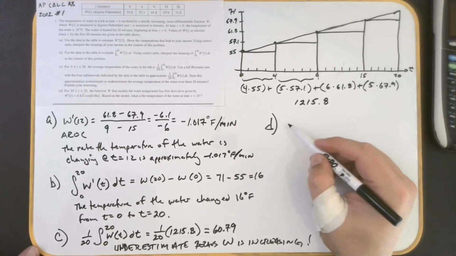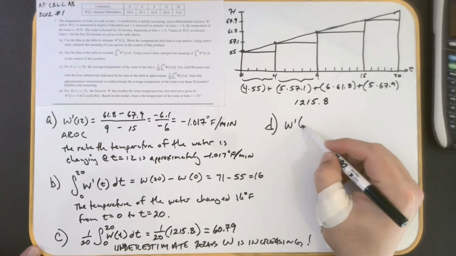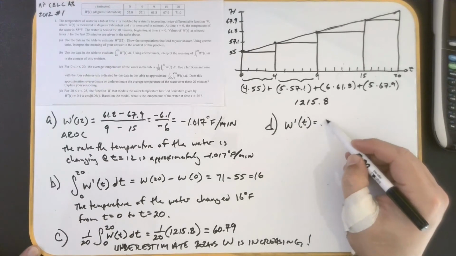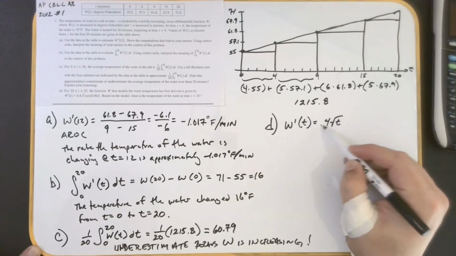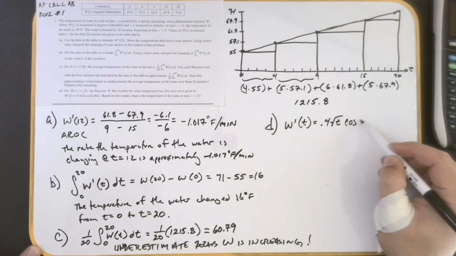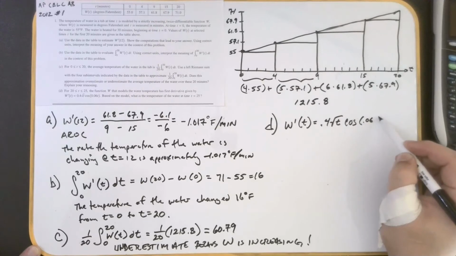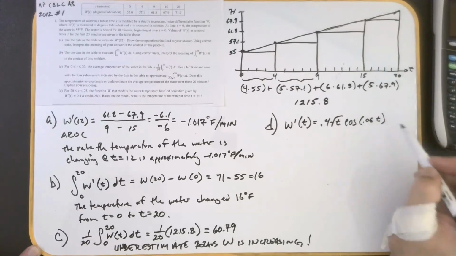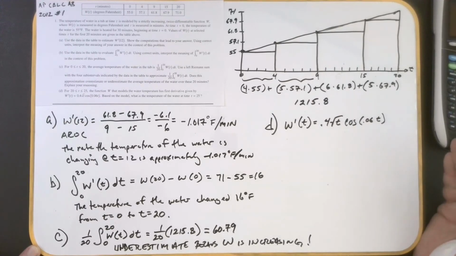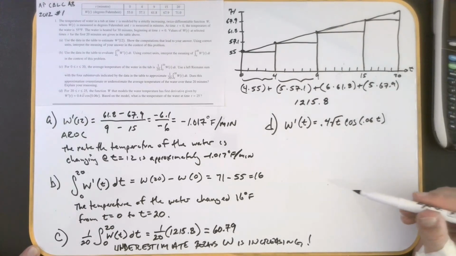Well, I'm just going to write down this function. They say that's the rate of change for the next 5 minutes. And so they want to know what is the temperature at 25.